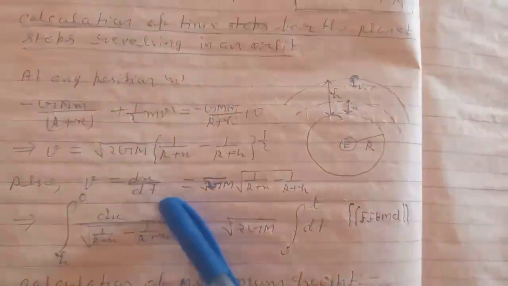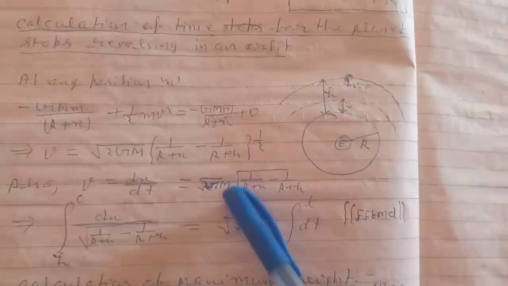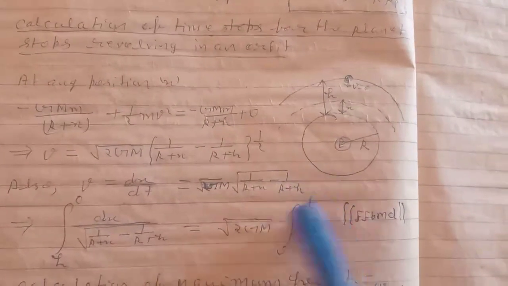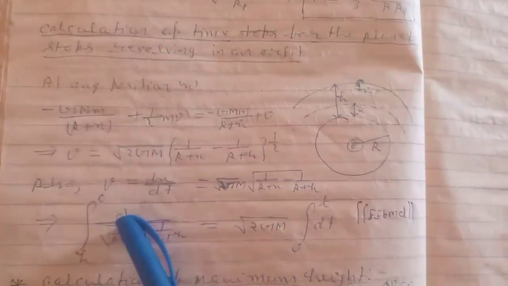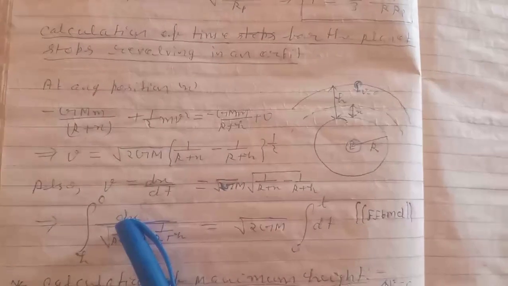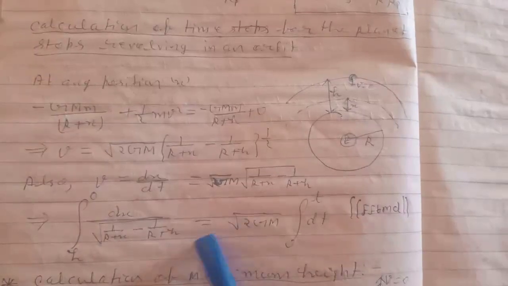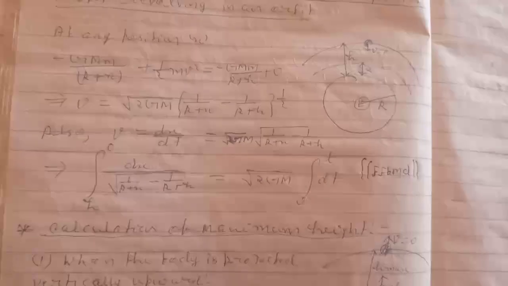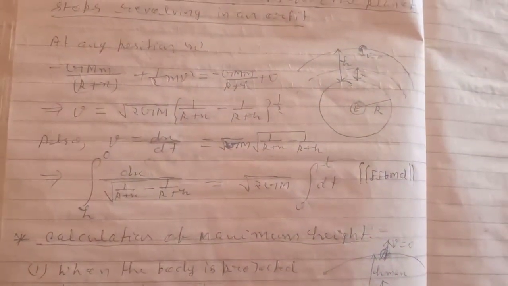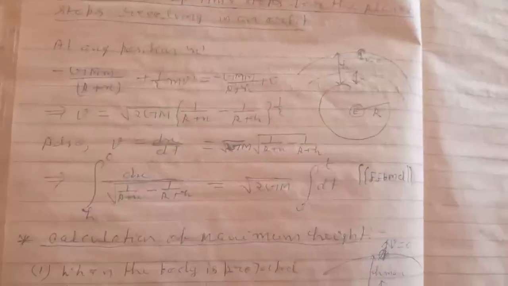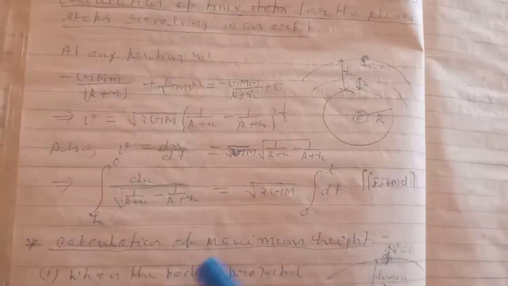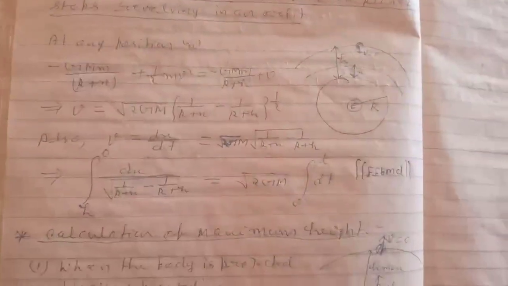Also v = dx/dt. So dx/√(1/(R+x) − 1/(R+h)) = √(2GM) dt, integrating x from h to 0 and t from 0 to t. And from this we can calculate the time.